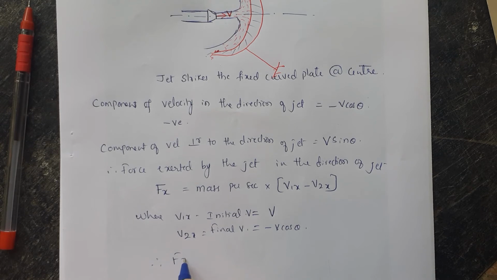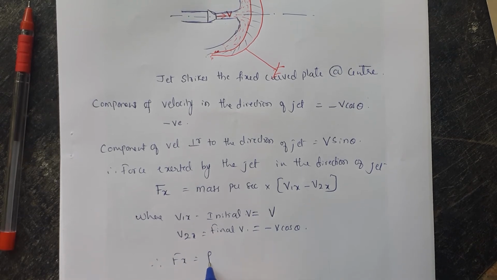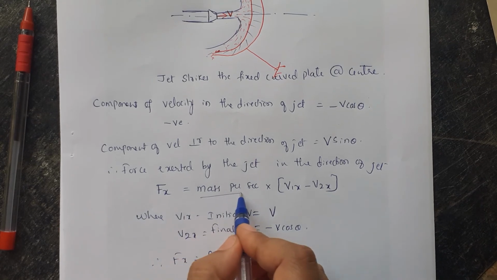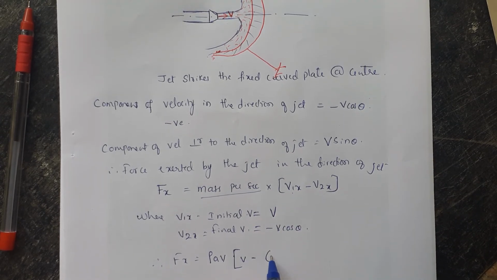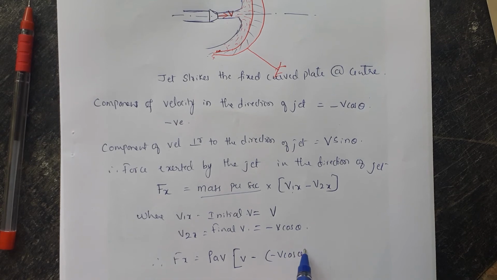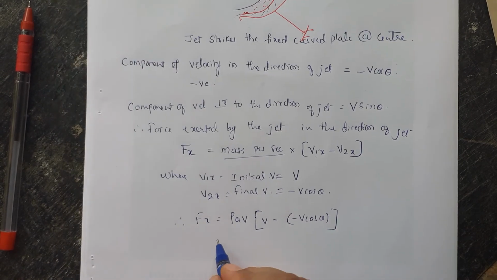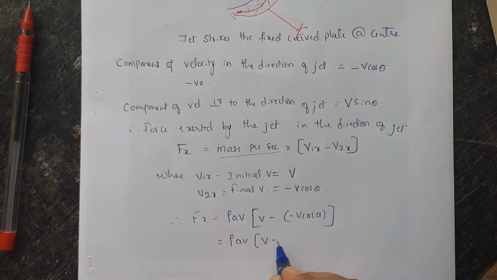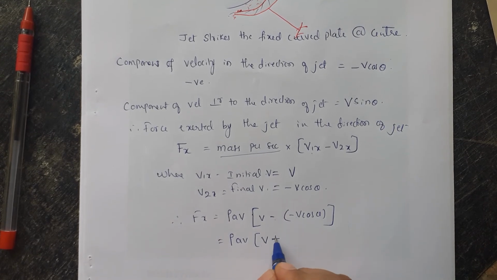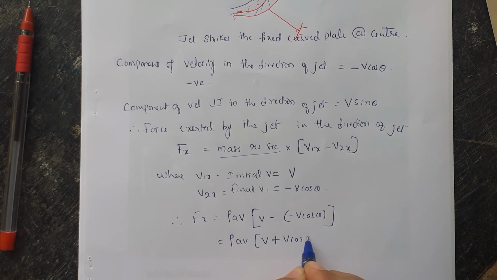Now what you can write? Therefore Fx is equal to rho into a into v, so that is mass per second, into (v1x is v, minus of minus v cos theta). So this can be written as rho into a into v into (v plus v cos theta).